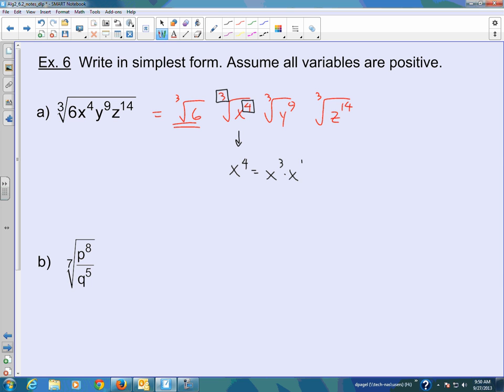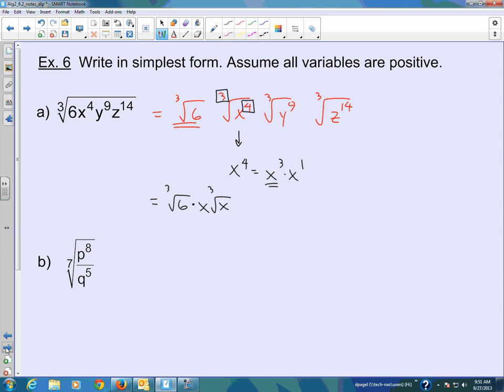X to the 4th is the same thing as x cubed times x to the 1st. So we have one group of 3 that comes out, and I have an x that's going to have to still hang out and reside underneath my radical. So far I've got a cube root of 6, and then an x that's come out, and then there's still a cube root of x on the inside.